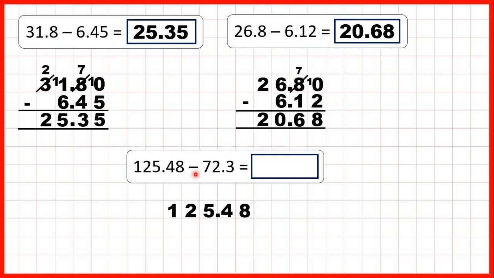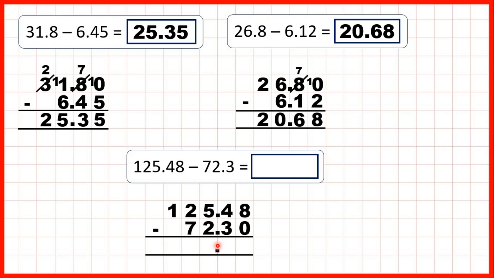Now we have 125.48, and we're subtracting 72.3. So it's really important here that we have our decimal points lined up so that the other place values in our question are lined up as well. We can write a 0 in this empty square because 72.30 is the same as 72.3. All this 0 tells us is that we don't have any hundredths in this number.